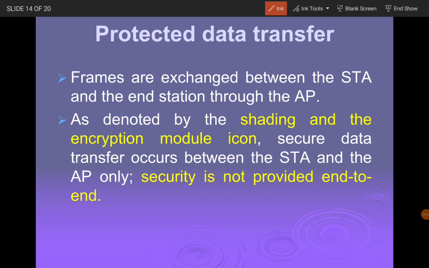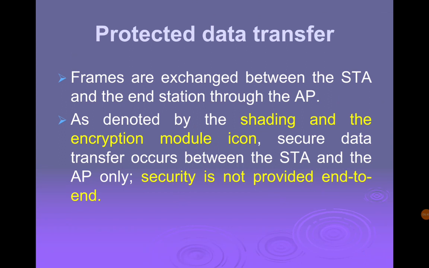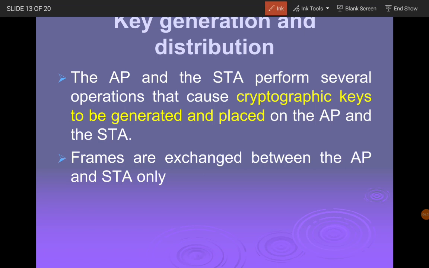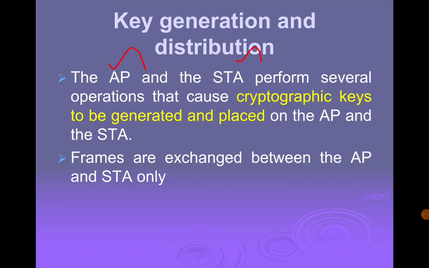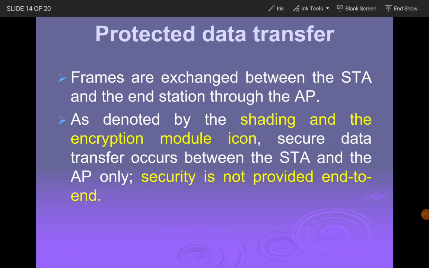Then the third phase is key generation and distribution. The access point and the station perform several operations through which they exchange cryptographic keys, and the keys are placed on the AP and the station, and the frames are exchanged between the access point and the station. The fourth phase is protected data transfer.